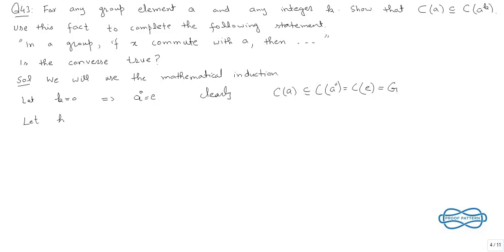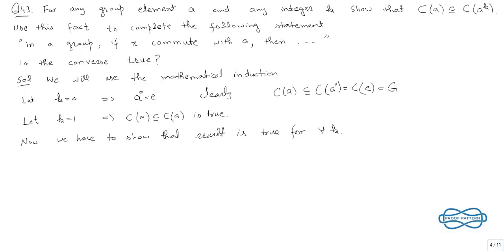And let k be equal to 1. This means the centralizer of a is a subset of the centralizer of a. It is also true because every set is a subset of itself. Now we have to show that the result is true for all k.